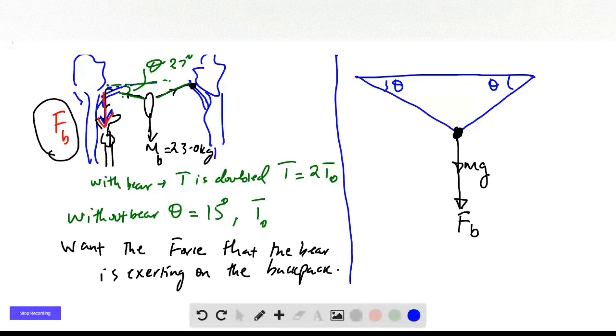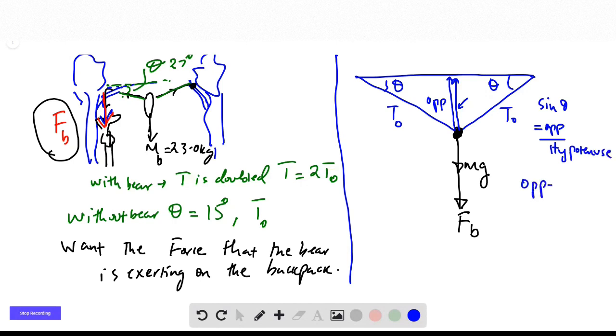We get two parts. So if this tension is T naught, this is the original tension, and this one is also T naught, you can see that sine theta is equivalent to opposite over hypotenuse.